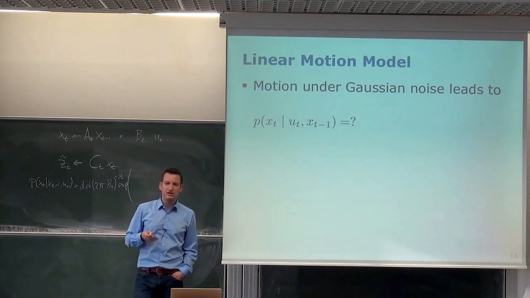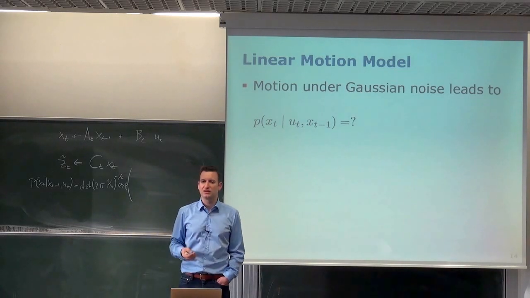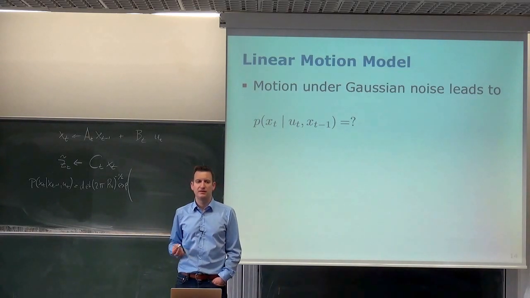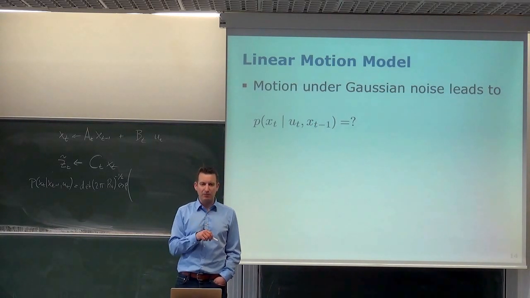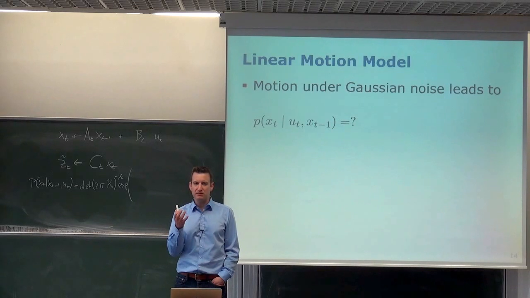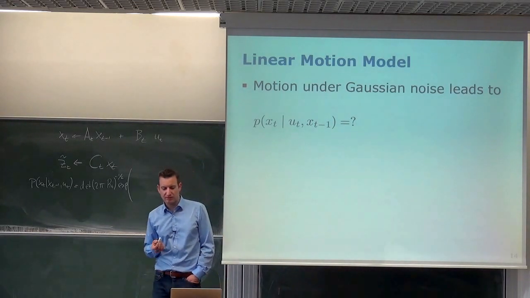And now, how does this function look like? This is basically given xt minus 1, where will I end up? This gives me the mean. And I have my variable x, and I know about the uncertainty.